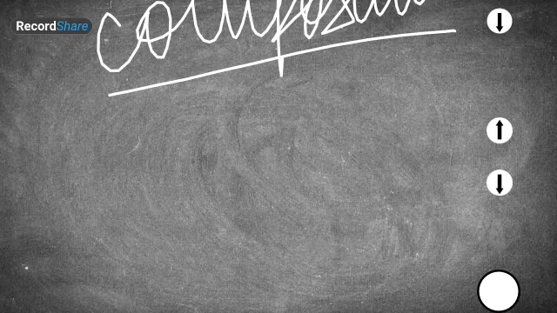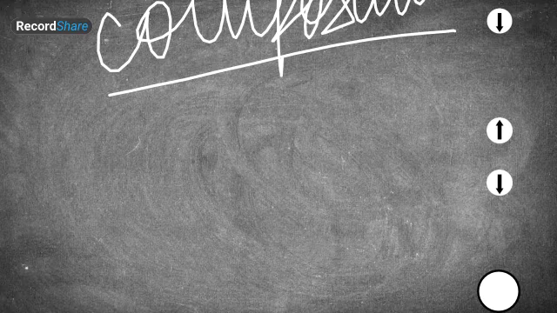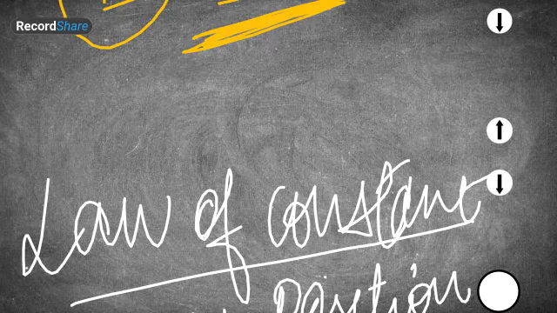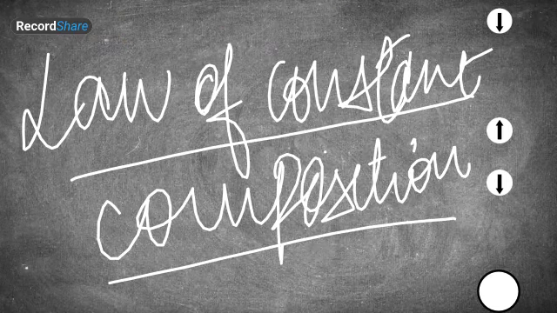According to this law, a pure compound always has the same elements in fixed ratio by weight. Let us just repeat that: according to this law, a pure compound always has the same elements in fixed ratio by weight. Let me tell you with an example.